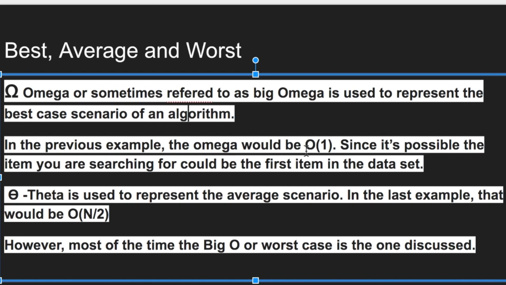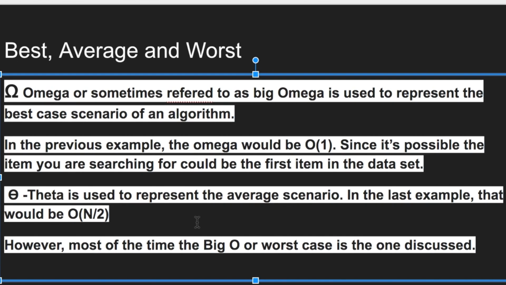and you found what you were looking for, right? The theta, and these are Greek letters if you're not familiar with them, is used to represent the average scenario. This one gets talked about even less than the omega, and both of them are traditionally not really mentioned too much. The big O is typically the one you talk about.